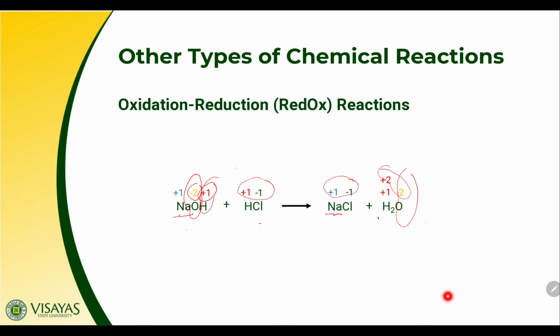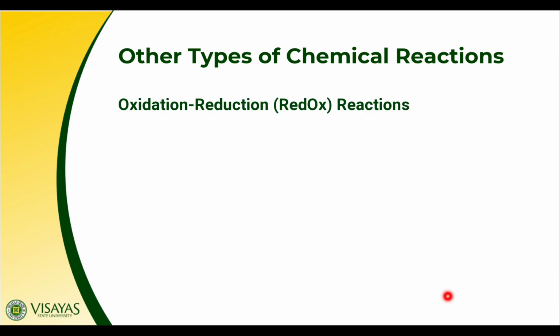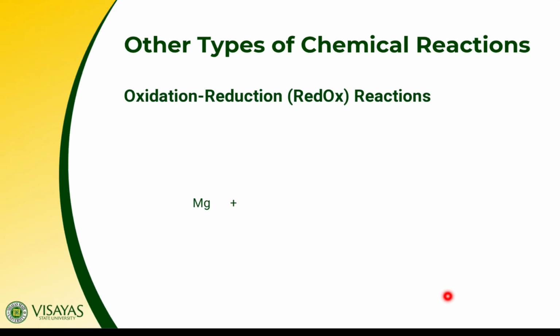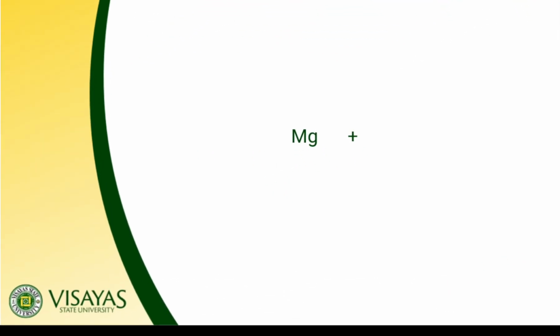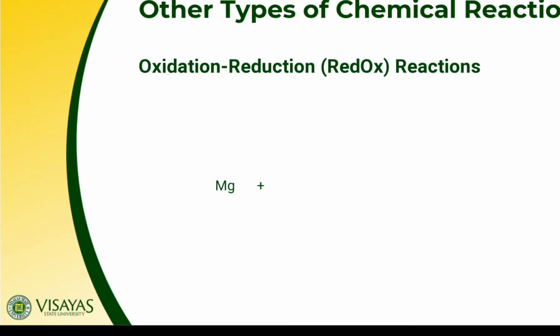Hydrogen has plus 1 on the left side. On the right side, we also have a positive 1. Same with chlorine. So we don't have a gain or loss of electrons. Therefore, since there is no gain or loss of electrons, that means this is not a redox reaction.